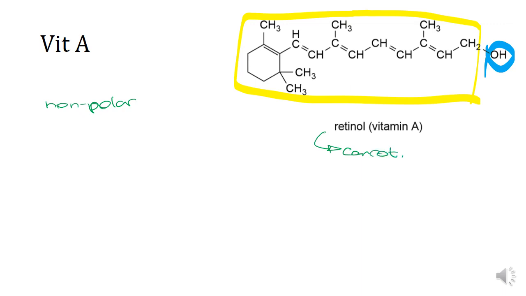Now, when you've got these ring structures and this quite strong carbon chain, when you look at the stability of this structure we've got, it's actually fairly resistant to being damaged by heat.